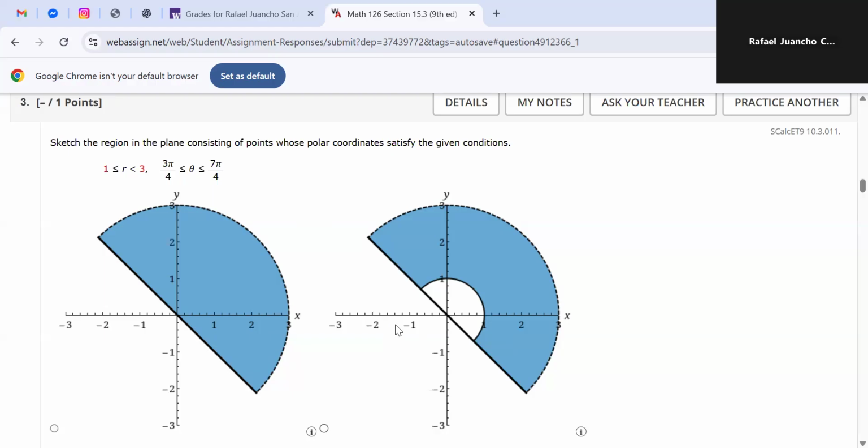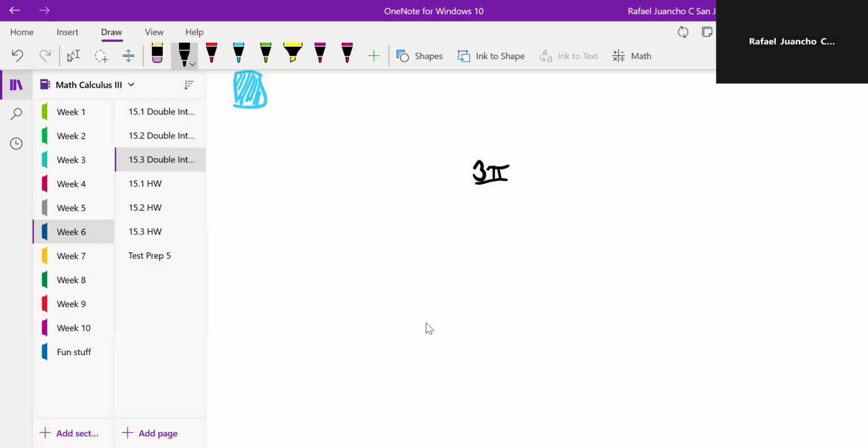3 pi fourth is how many degrees? Let me just double check. So there's a formula for doing that, and it usually works. So I do this, take these out, and then I calculate that.